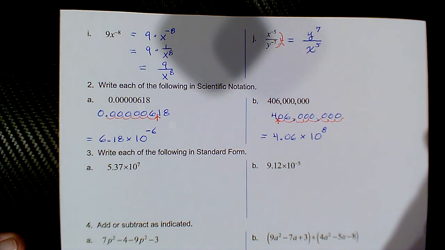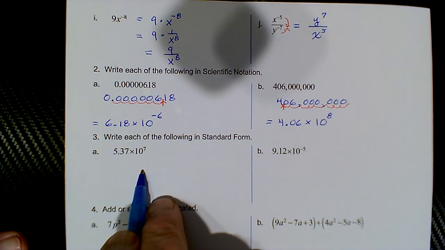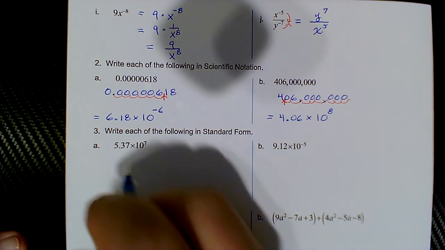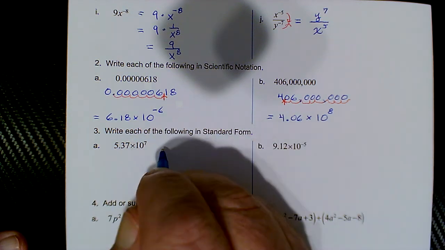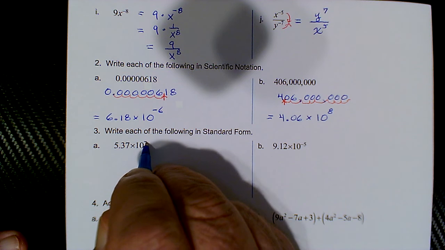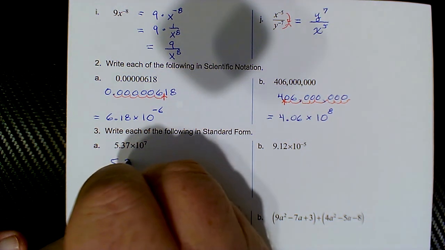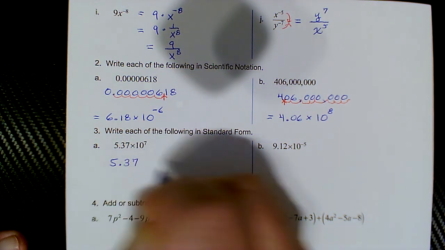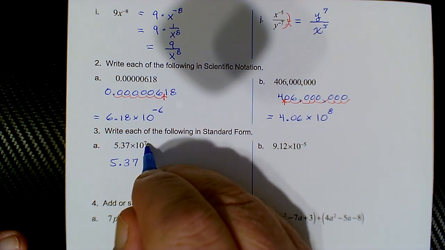Which leads us to reversing the concept, writing in standard form. So if I have 5.37 times 10 to the 7th, right away I know that this number is greater than 1 because the exponent is positive. Which also tells me then, when I write the number in standard form, I'm going to move the decimal 7 places, and since the number is greater than 1, we move to the right 7 places.